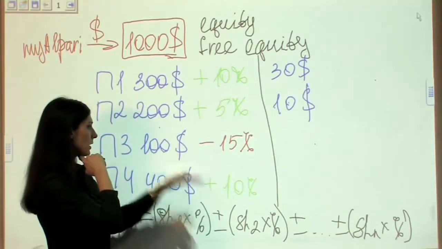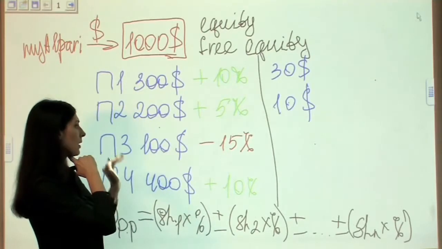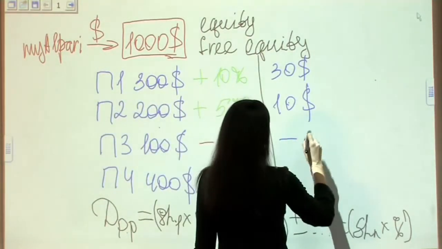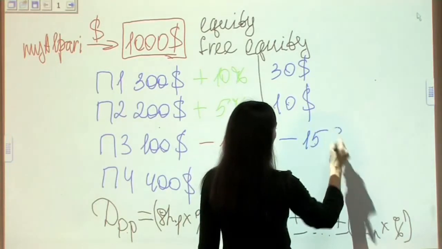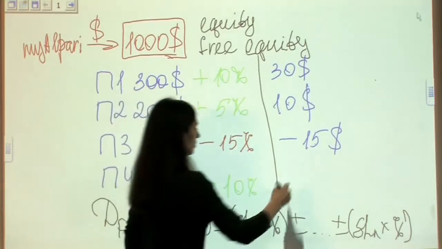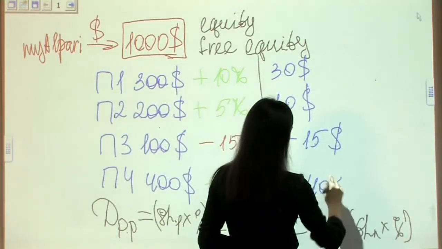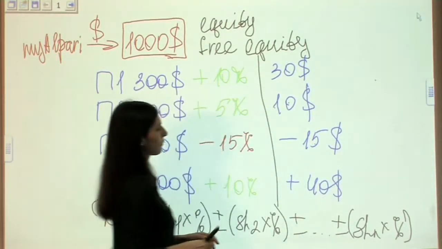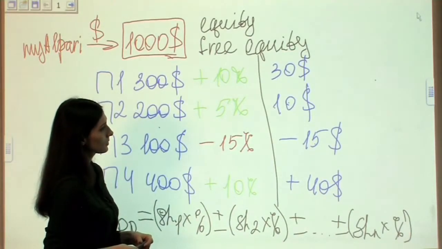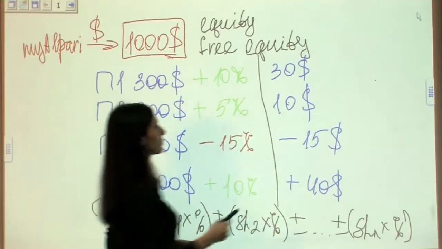The next PAMM account, unfortunately, loses minus 15%, $15, and the last one plus $40. Okay. Now we have 15, 25 and $65.